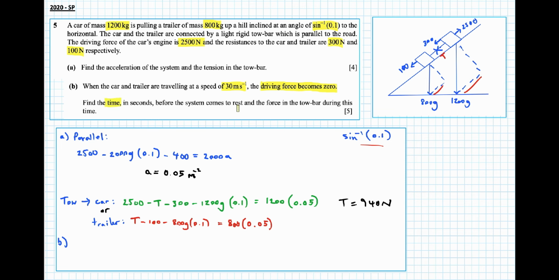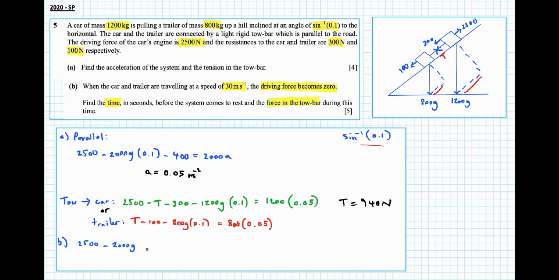Part B. We've given a speed and the driving force becomes 0. Find the time in seconds before it comes to rest and also the force in the tow bar during that time. So go back to our first equation for the whole system. Really what's happening here is the driving force of 2,500 disappears. It becomes 0.